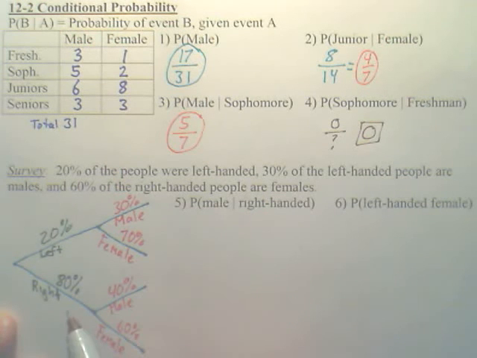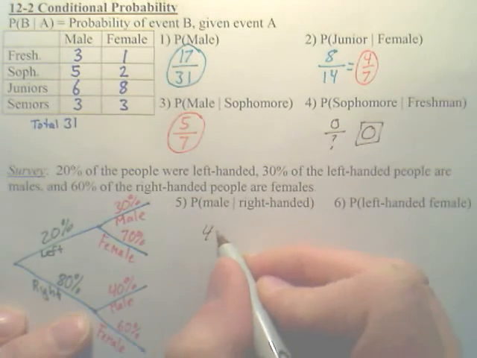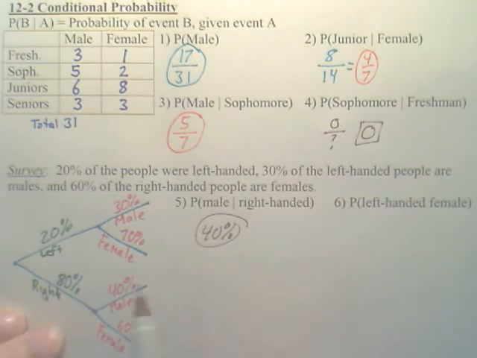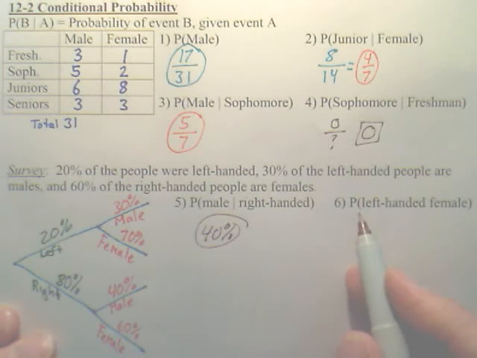The right-handers. So aren't we focusing down here? From there, what's the probability of being male? Focus on right. Male is 40%. We're done. Again, given right, male.